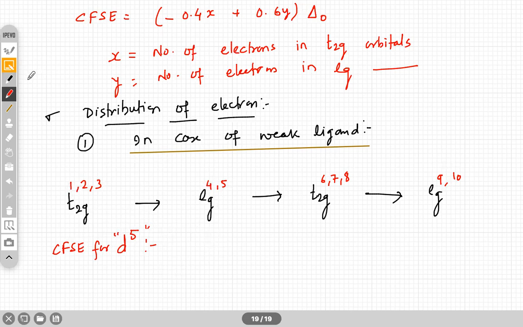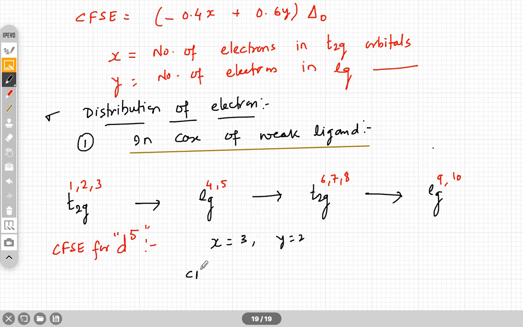What is the X value? Could you tell me? The X value is 3, and the Y value is 2, right? Yes, sir. So you substitute this X and Y value here.